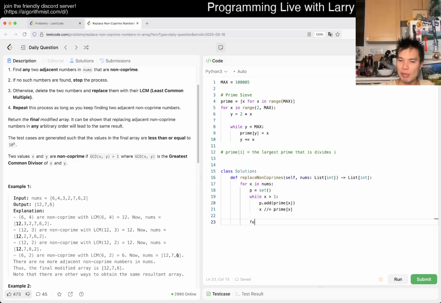You could write another loop for j in p. So for every prime, we want to say, how do I want to write this?